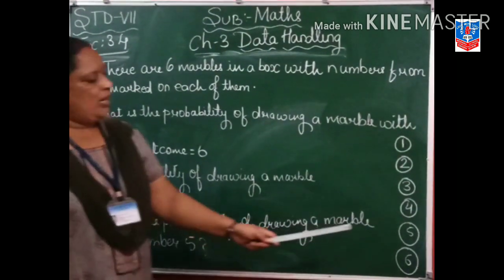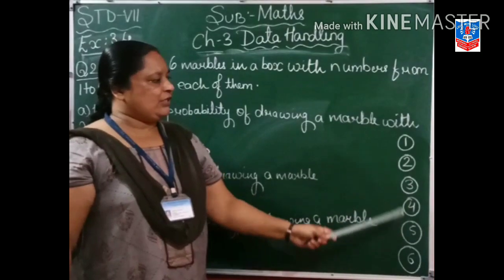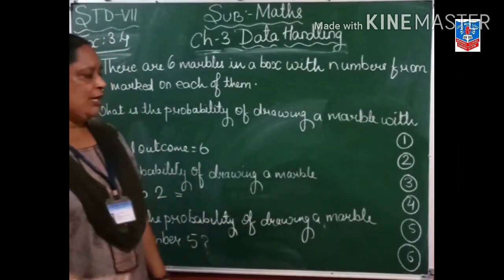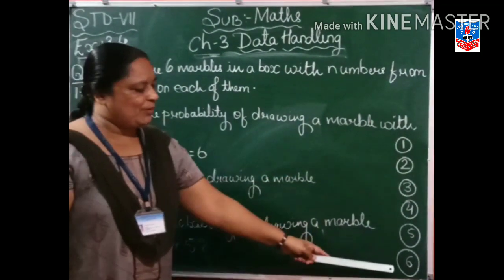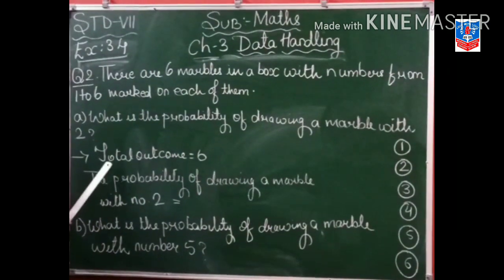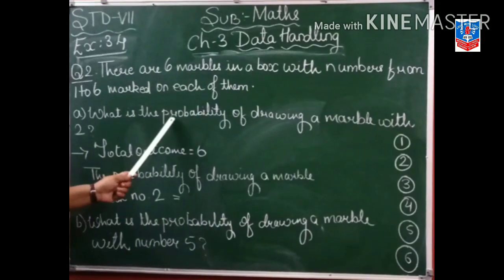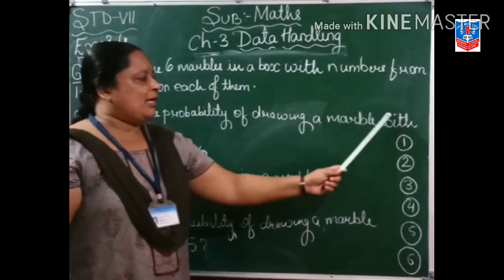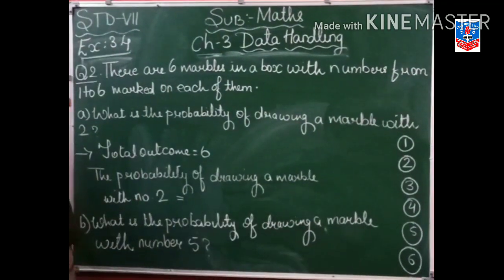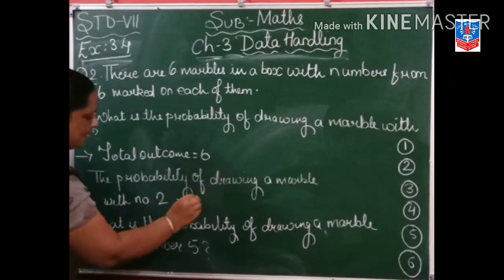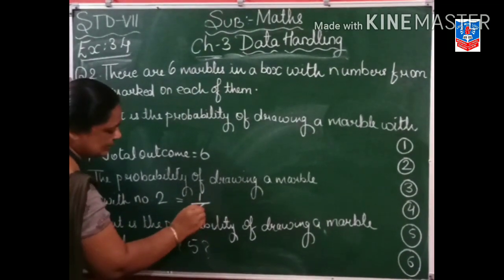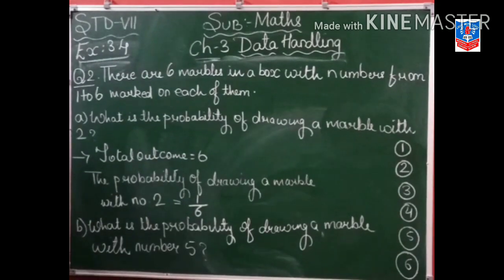Now see how many marbles are there with number 2? Only 1 marble. So total number of marbles is 6. So our total outcome is 6. So the probability of drawing a marble with number 2 is 1 by 6. So 1 by 6 is our answer.